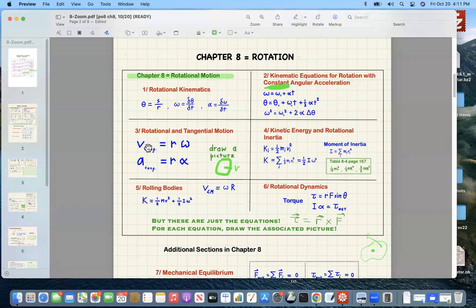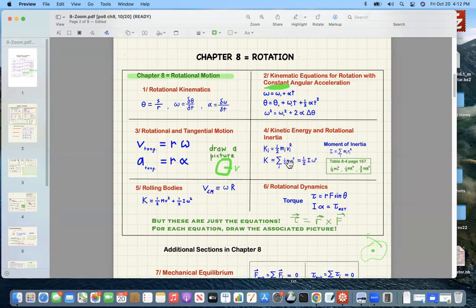And v_i is r omega. So I could write this as 1/2 m r squared omega squared. And every point in the object has the same angular velocity. So I can factor out the angular velocity, omega, and I can also factor out 1/2. The constant that's left, I can call the moment of inertia, I. Or in the table, I think they call it the rotational inertia.